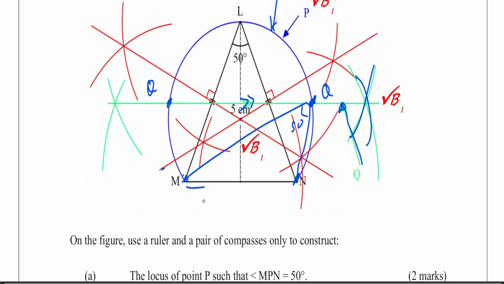Sawa, so most probably itakuwa hapa na hapa. So those are the answer. That's the answer. So locate Q, tumelocate. Tamam. So yeah, it's not that hard. Watu wadhani ni ngumu hivyo, but it's not that hard. So yeah, let's get back to the other questions.